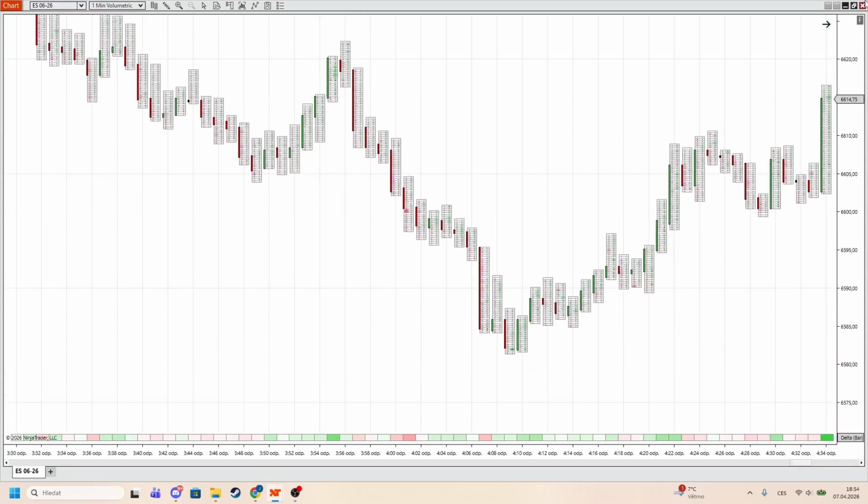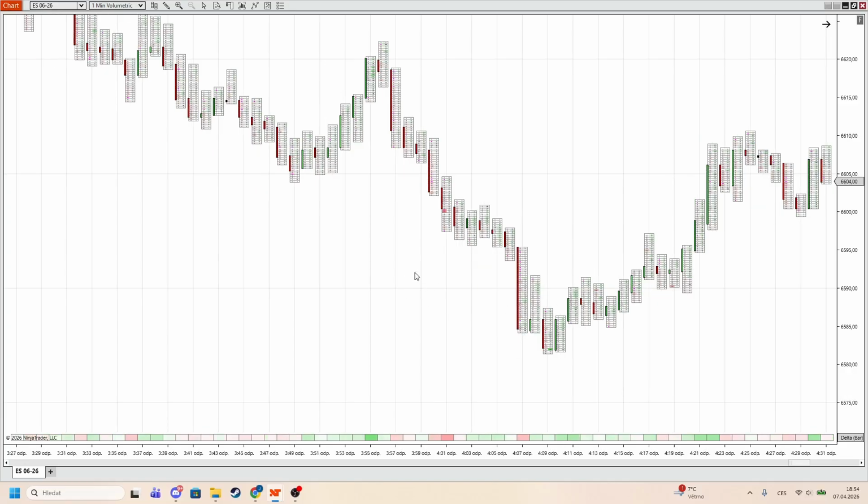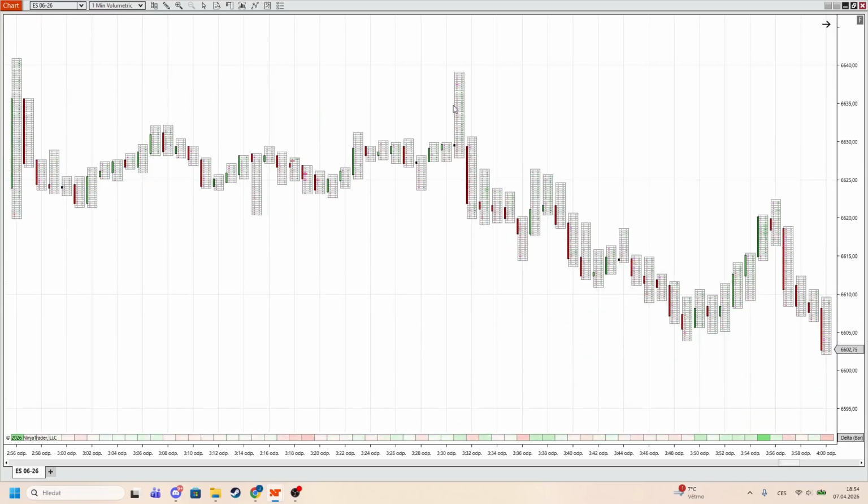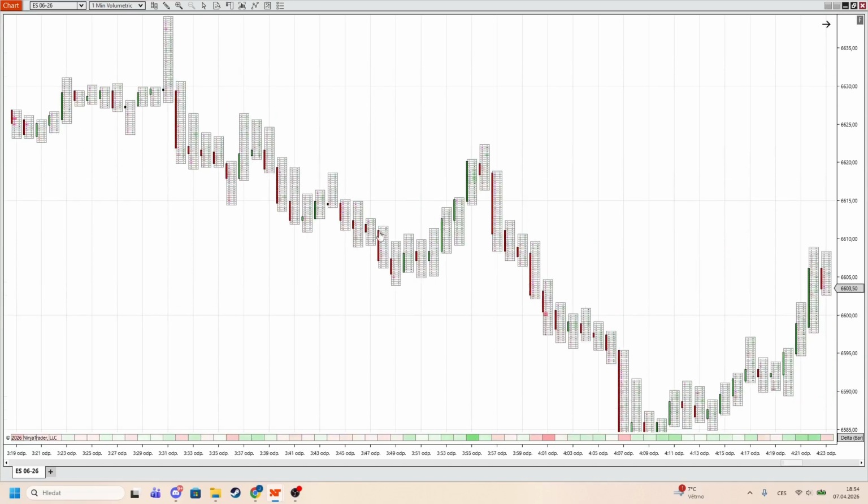That would be from 6,620 to 6,580, so that is like 40 points downwards. This would also count as a continuation play because we already had an absorption here. But I just decided to show you this example randomly.